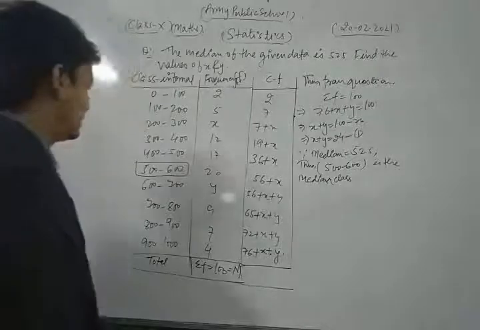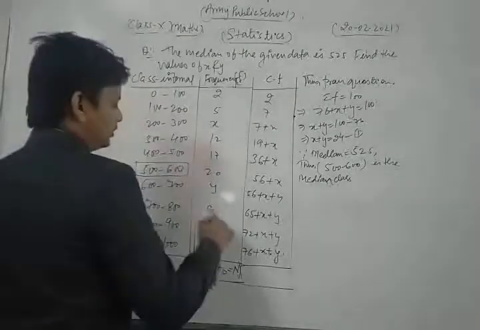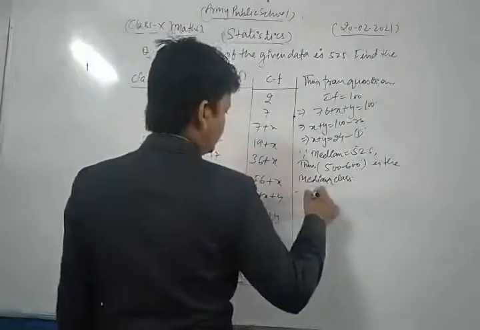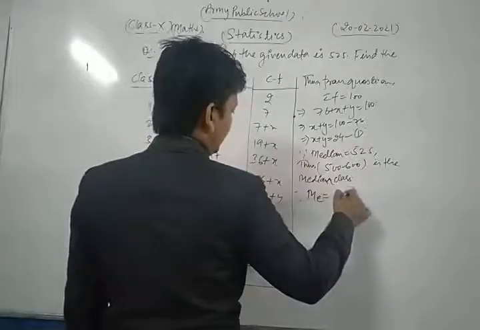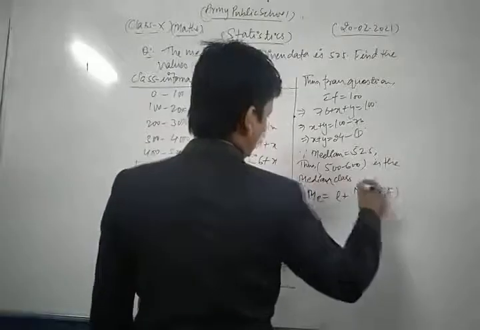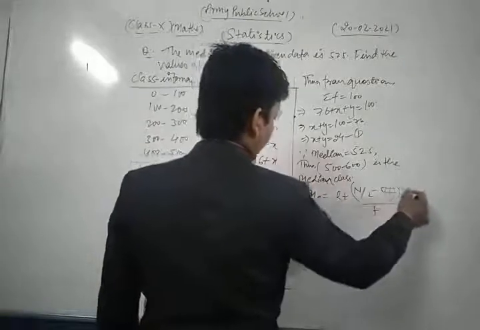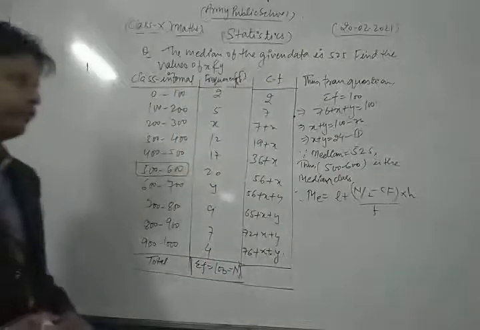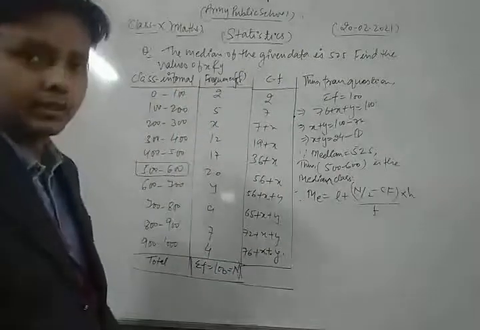Now the median is equal to L plus n by 2 minus Cf upon f into h. This is the formula to find the median of any grouped data.